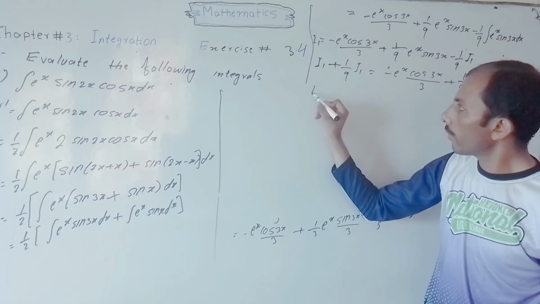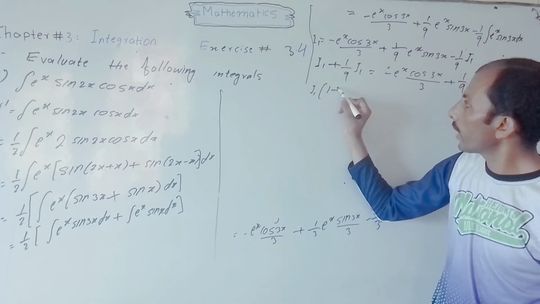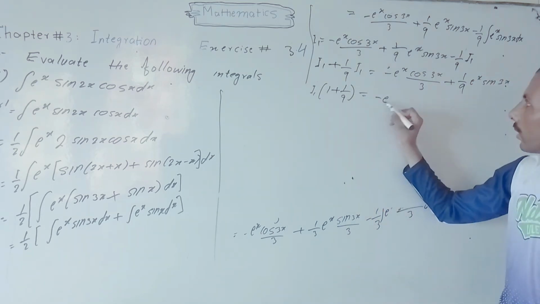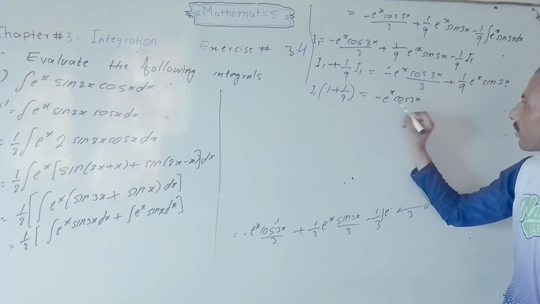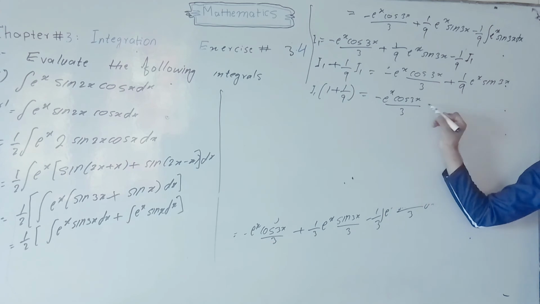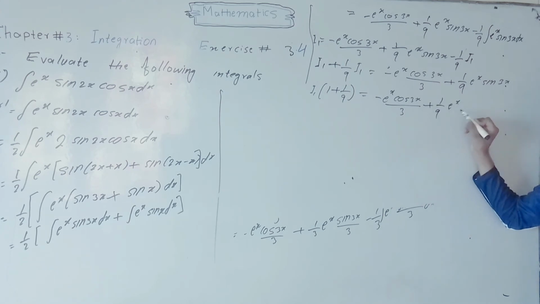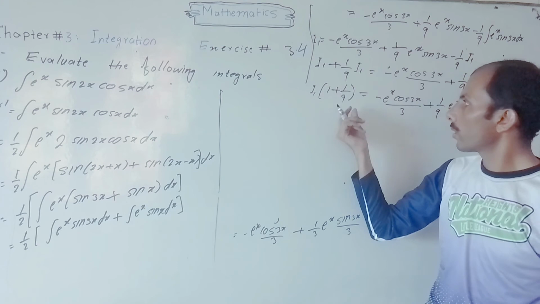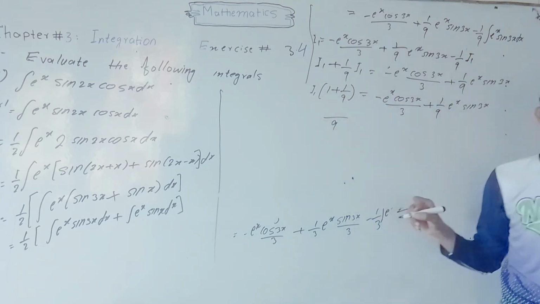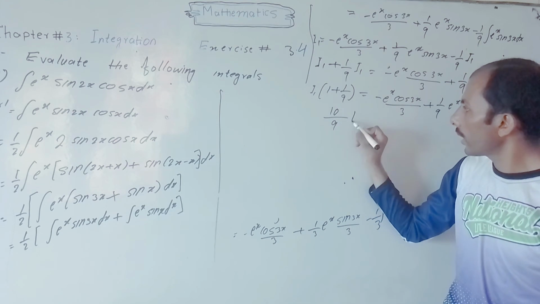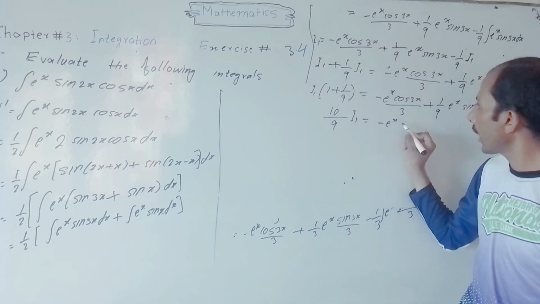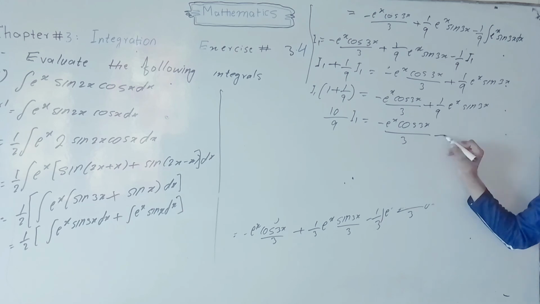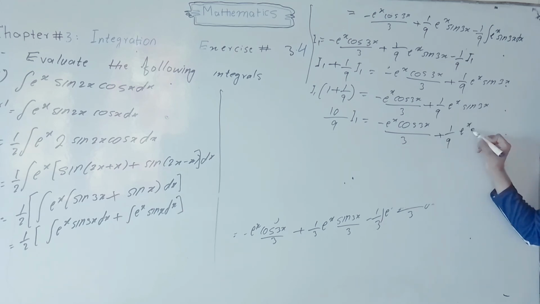So I1 common, I1 into 1 plus 1 divided by 9 is equal to minus e power x into cos 3x divided by 3 plus 1 divided by 9 e power x sin 3x, which is equal to, so take common 9, 9 ones are 9, 9 plus 1 is 10, so 10 divided by 9 I1 is equal to minus e power x cos 3x divided by 3 plus 1 divided by 9 e power x sin 3x.